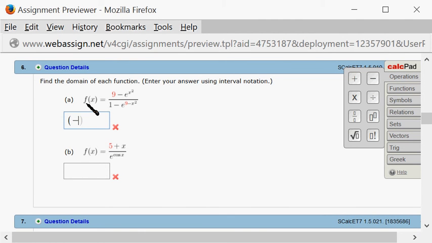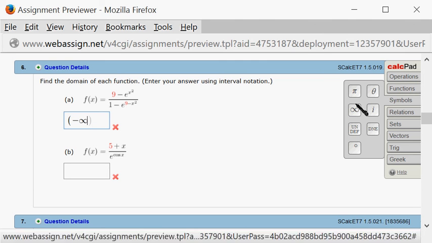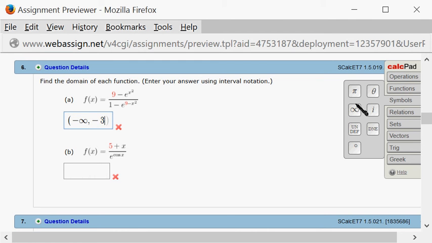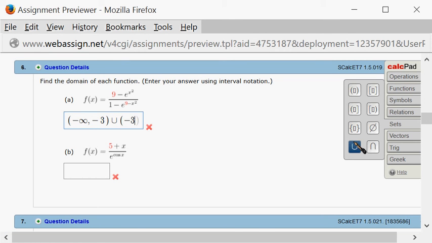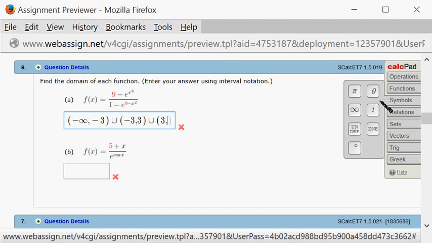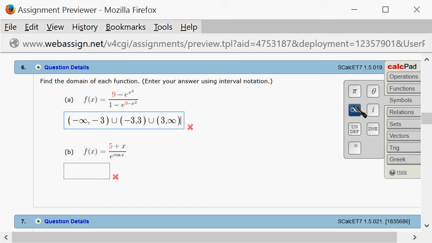Alright, so you have negative infinity to negative 3, then skip negative 3 and go to positive 3 and skip positive 3 and then go all the way to positive infinity. Alright, so that's that.